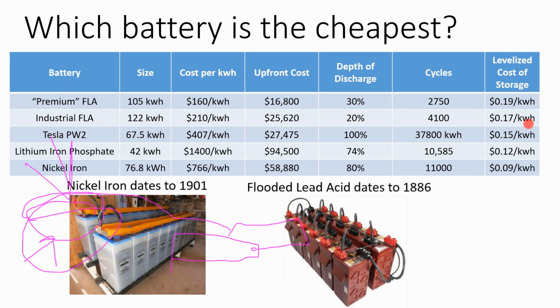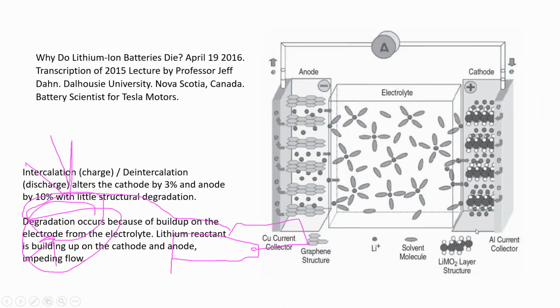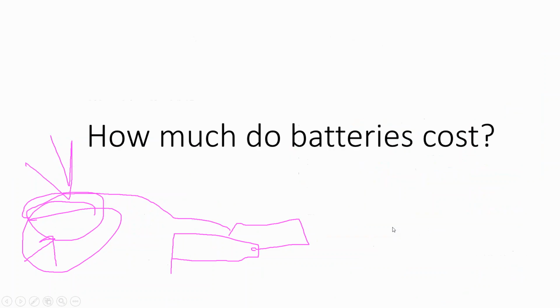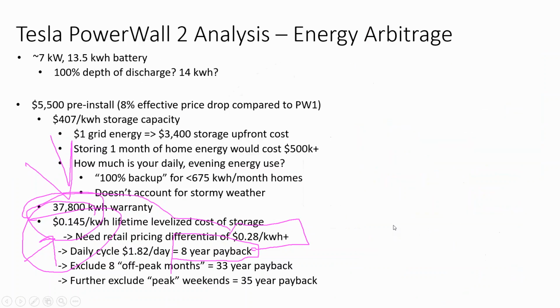I would have to go into a more expensive battery technology for energy arbitrage to generate any sort of payback. And so the idea of day trading your electricity does not work with lead acid. It's too expensive if you're just going after these time of day energy only rates.